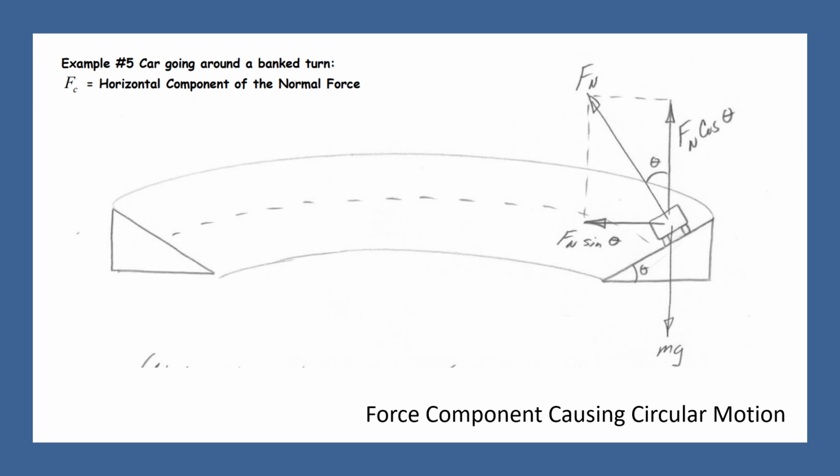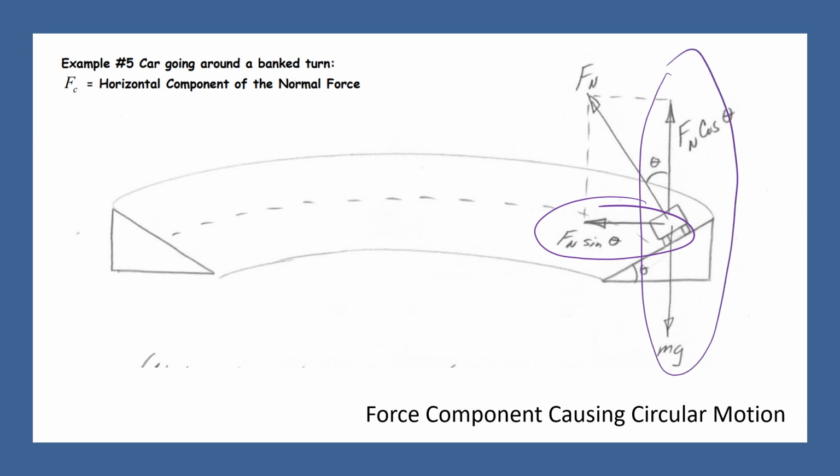So now I have, oh, okay, this is my centripetal force. This is the force that's going in the circle, and this is in the y direction that I need to deal with. So similarly to before, I know that the sum of my forces in the y direction has to equal 0. So I'm just going to set those equal to 0.